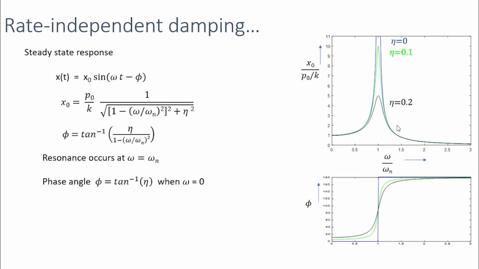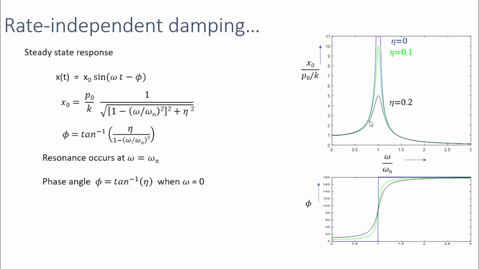So now let's see how the deformation response factor looks when we use this rate independent damping. This is the deformation response factor, that is the steady state amplitude divided by the static amplitude, x0 by p0 by k. And this is how the phase angle varies. I have plotted the values for 3 different values of eta. One is when there's no damping in the system, that is eta is equal to 0.